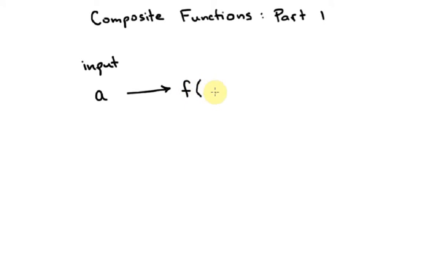Anyway, this machine churns the number around, and then it spits out an output, which I'll just call B. So that's the idea of the input and output of a mathematical function.